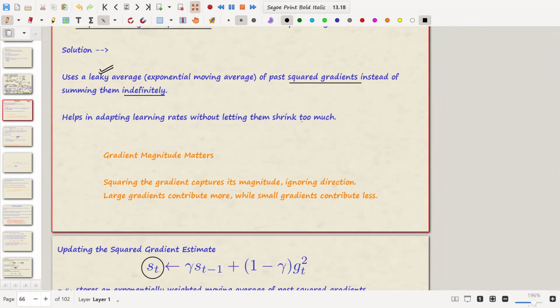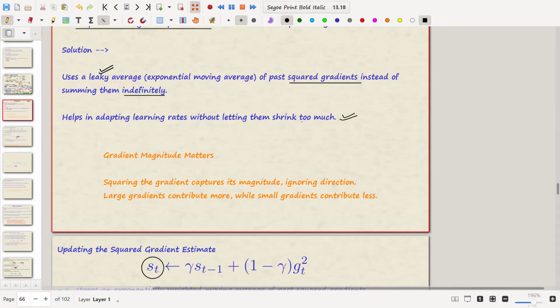It will take more time to reach the optimum, or maybe it doesn't reach the optimum, but might reach somewhere which is not an optimum. We saw that. So in that case, RMSprop is helpful because if you take the square of the past gradient, this doesn't happen.